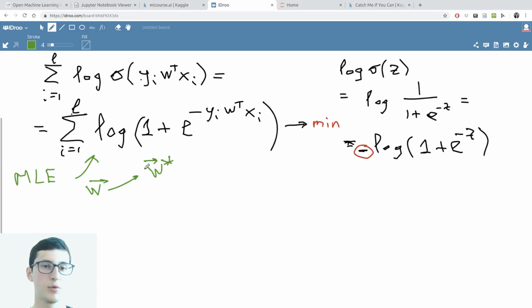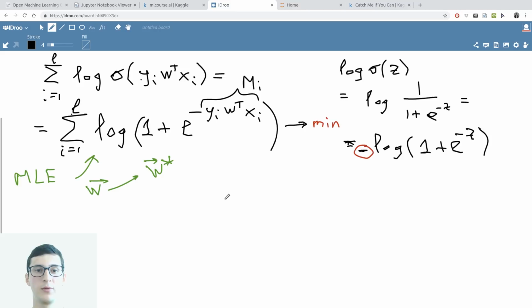But actually we're solving this minimization task. Okay, and the final intuition about that is that here we've got margin. So we've seen that if margin is negative, then we've made a mistake. We classified an instance from a training set incorrectly.